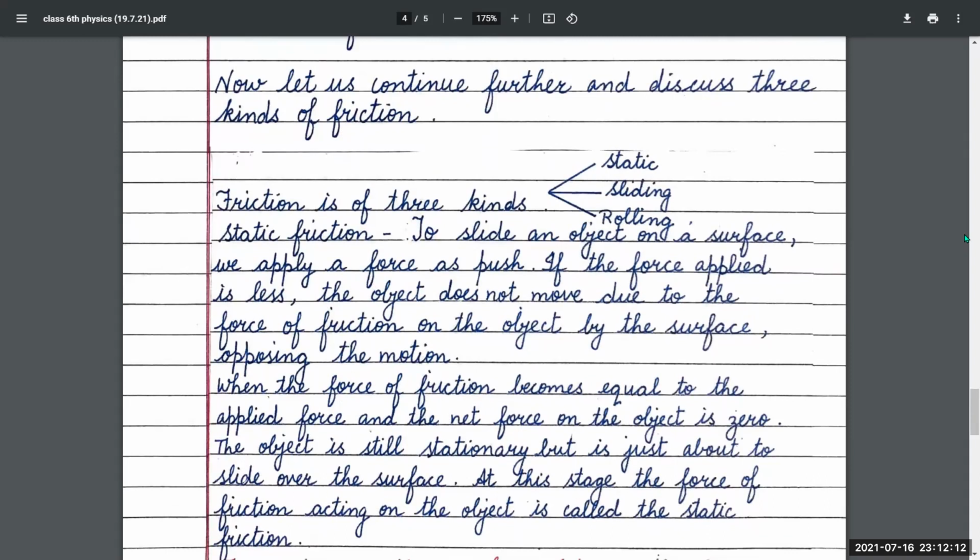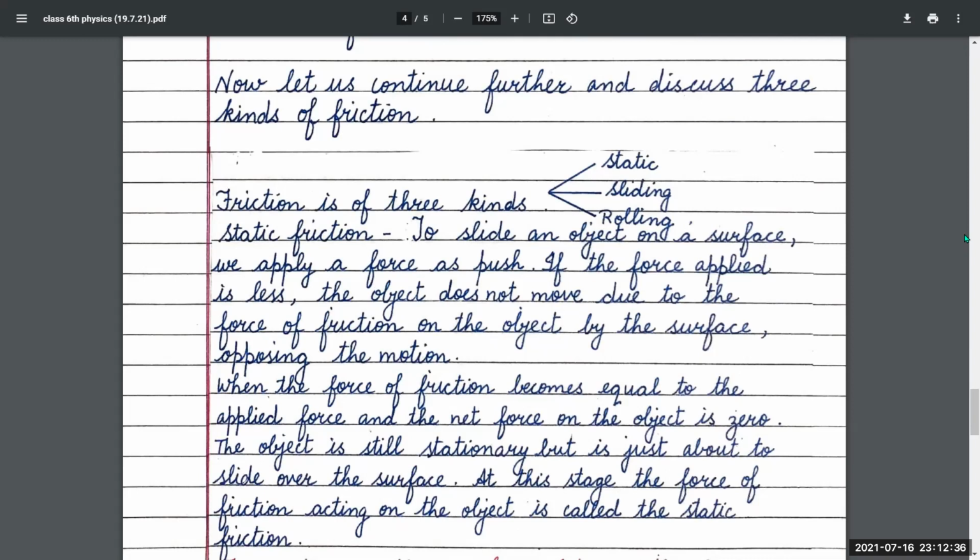To slide an object on a surface, we apply a force as push. If the force applied is less, the object does not move due to the force of friction on the object by the surface opposing the motion.